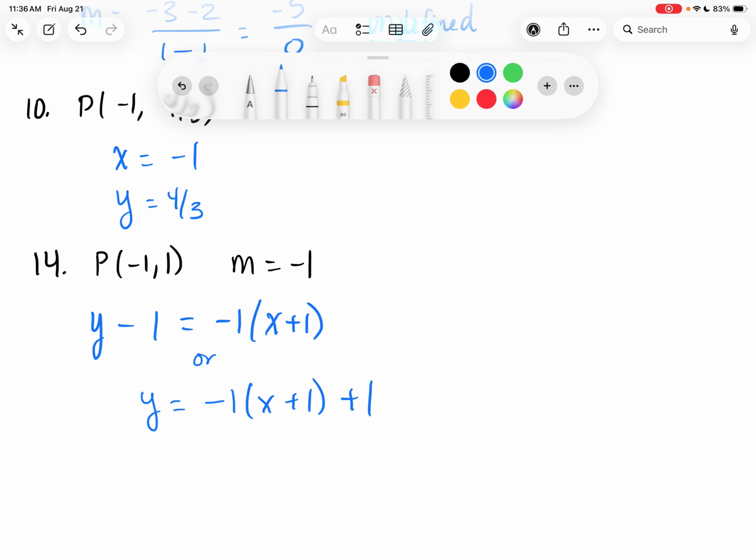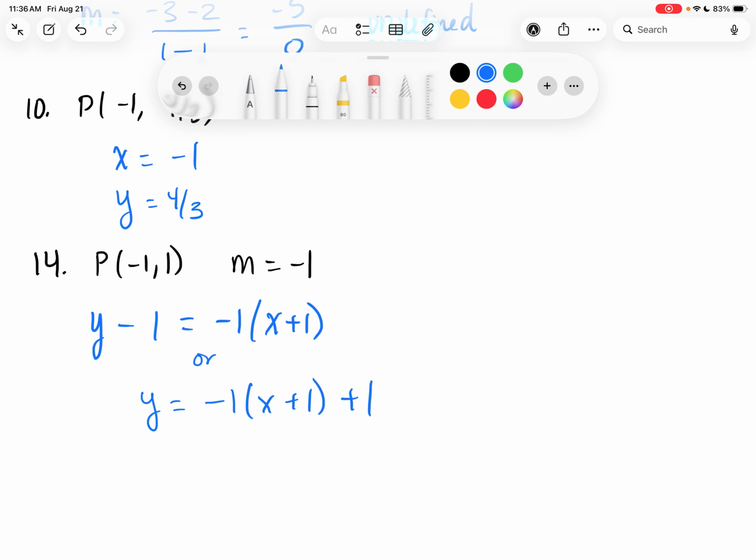On the AP test, would they take either of them? Well, truthfully, a question like that isn't going to be a free response question. That would be a multiple choice, so you would just have to pick which one they've written if they did it that way. They're not going to ask you this exactly, but if they were like, write the equation of the tangent line to the curve, which is something we'll eventually be doing, then most likely they're going to put it all the way into slope-intercept.